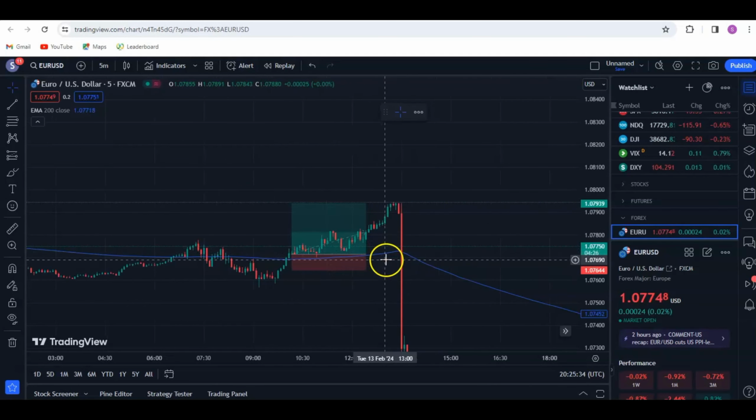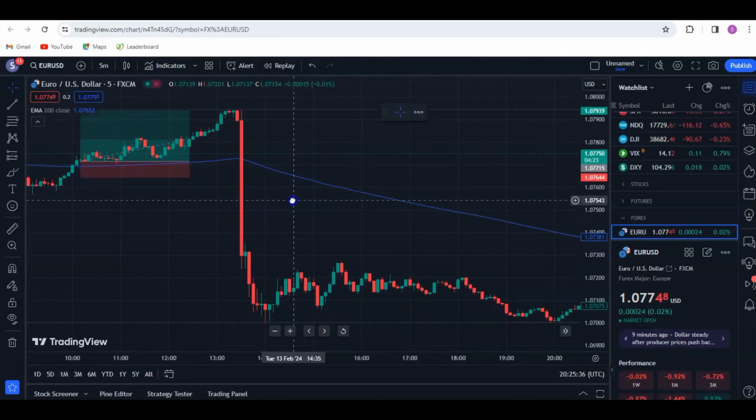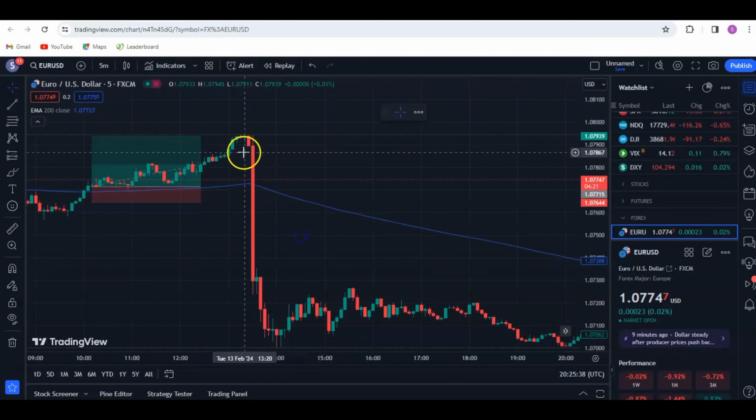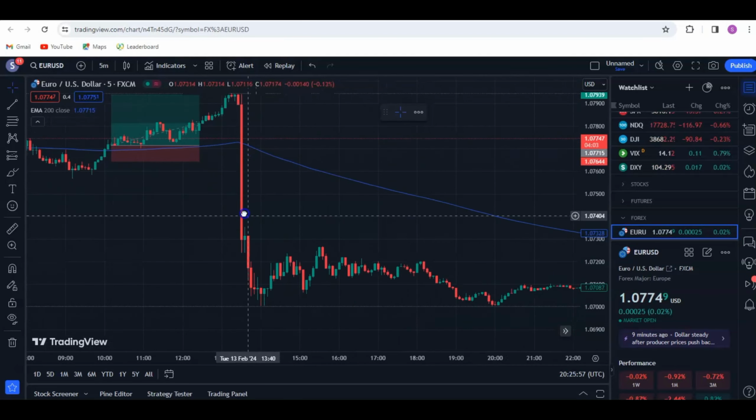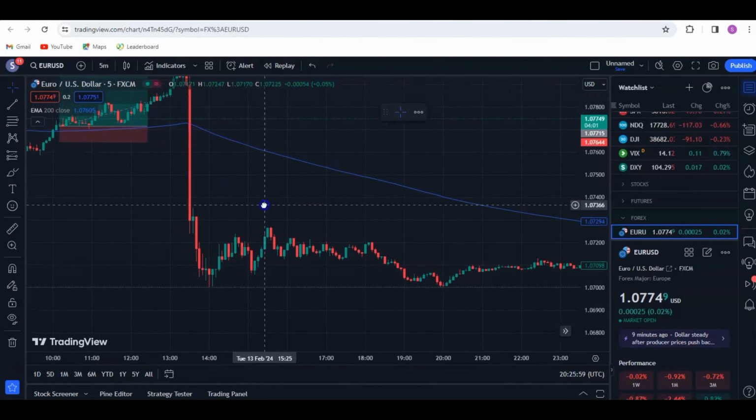So now let us look at the analysis of when the market is falling down. Now you can see we have a long red candle crossing over this 200 MA. This shows us that the sellers are much in the market, pushing this down, crossing over this 200 MA. Now it is time for the market to go down.